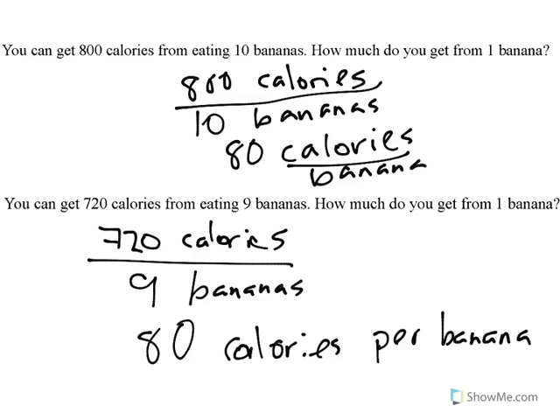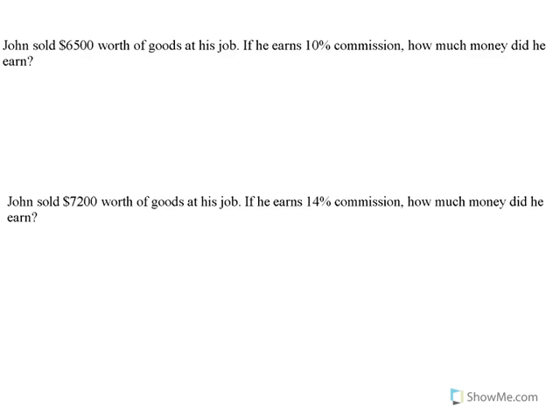And it's just a coincidence that 80 was the answer for both of them. 80 is not going to be your answer every single time. So just be careful of that. Just know that you're going to put the number of whatever you want one of on the bottom, and that's how you find the unit rate. So since we wanted to find one banana, that's why bananas went on the bottom. Okay?